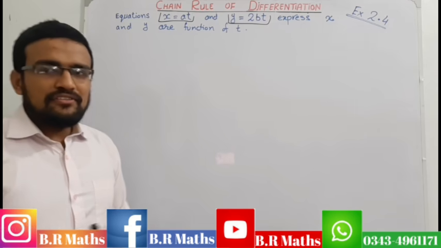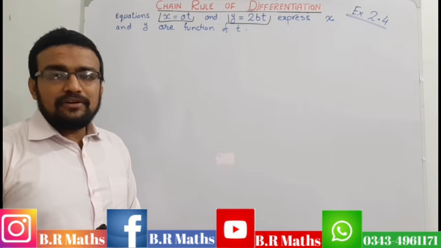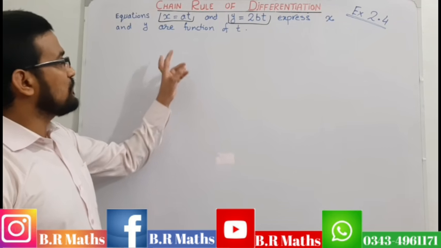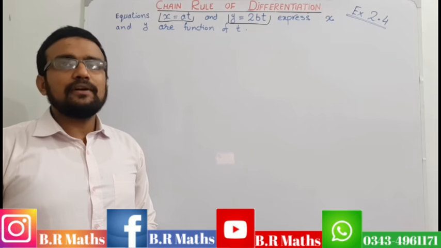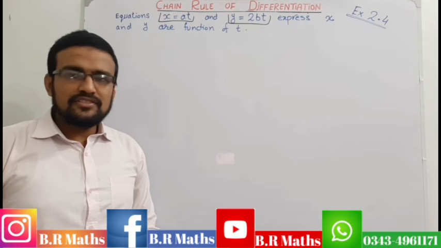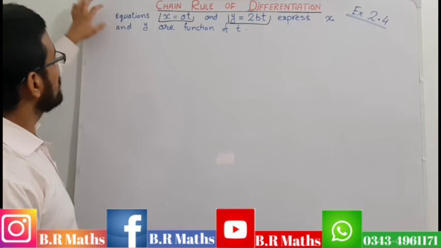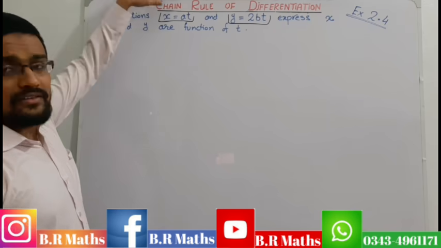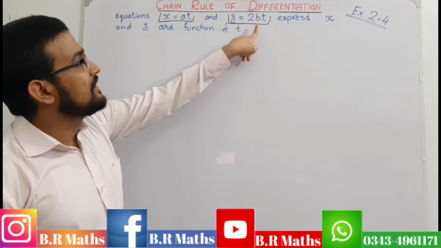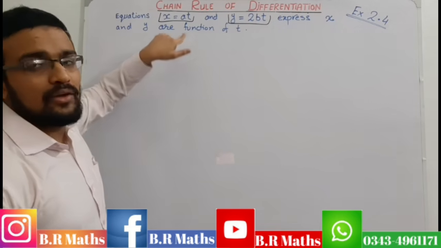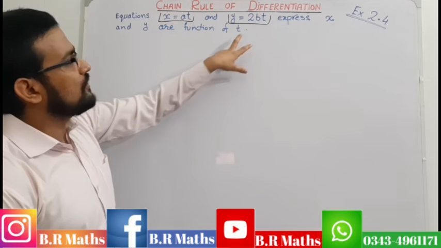Yes, students, parametric equations are the system of equations in which different dependent variables depend on the same independent variable. See the equation: x is equal to at and y is equal to 2bt. Both x and y are functions, both depend on t.